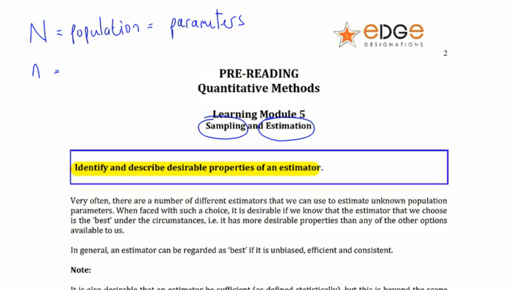So, for example, if you have a mean and a variance and all the kind of good measures, okay, and they relate to a population, we would call those parameters. Little n is called a sample, okay, and from samples, the measures that come out of a sample, the mean, the variance, things like that, those are called statistics.